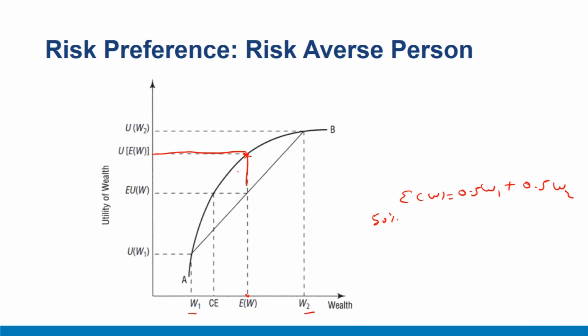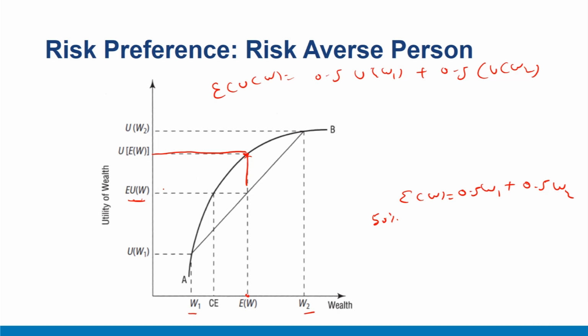Now, for this individual, we can also find the expected utility of wealth, which is simply 50% of UW1 plus 50% of UW2. Notice that this expected utility of wealth is somewhere midway between UW1 and UW2.